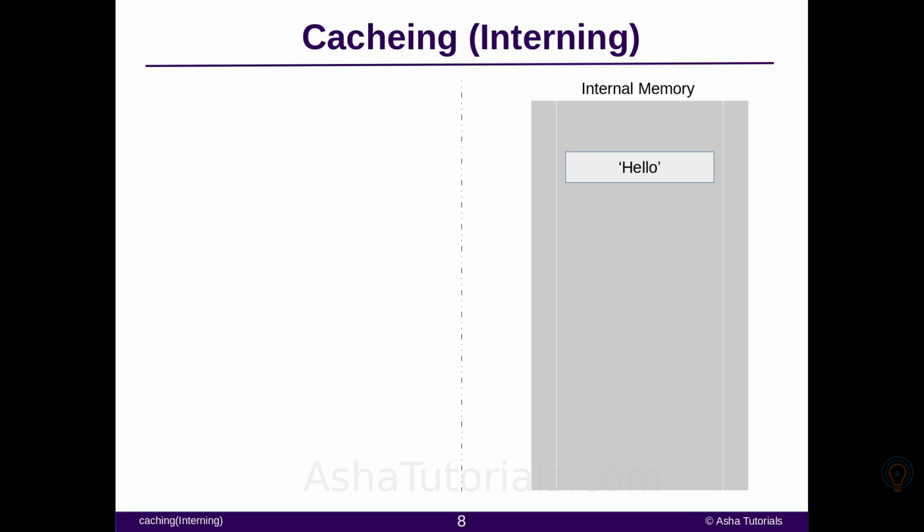When the first variable a is created, it will check in memory. The hello object does not exist, so it will create a string object with value hello and return its reference. Now when creating variable b with the same value, Python will first check whether the hello object exists. Does the hello object exist in memory? Yes.